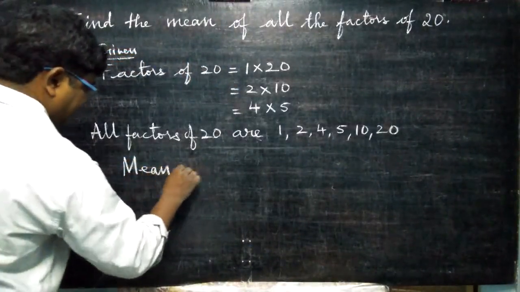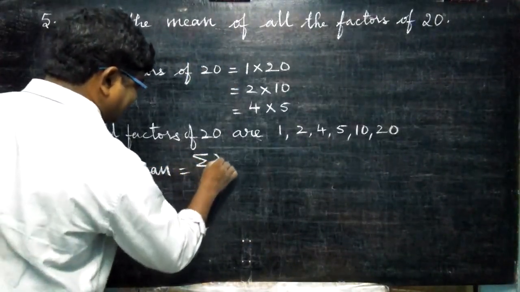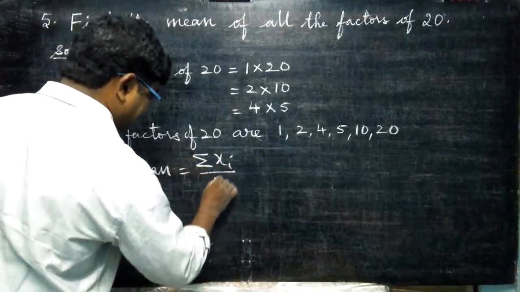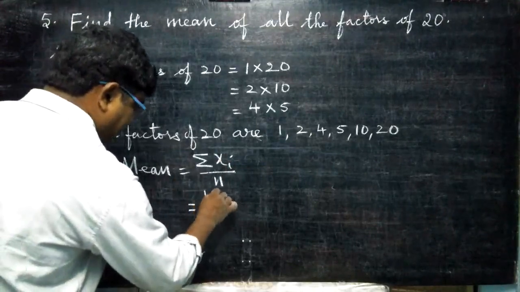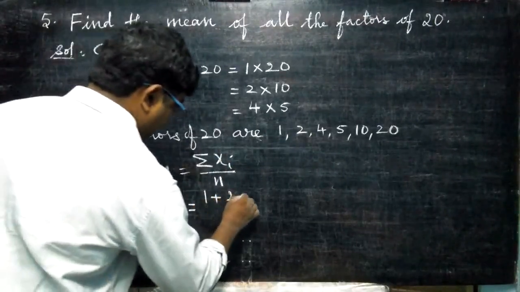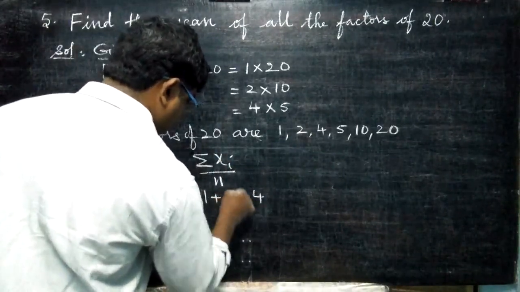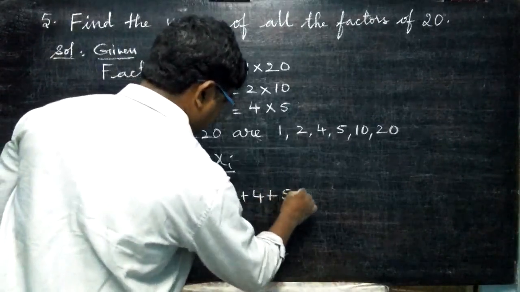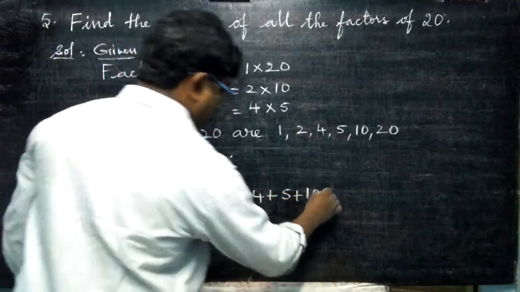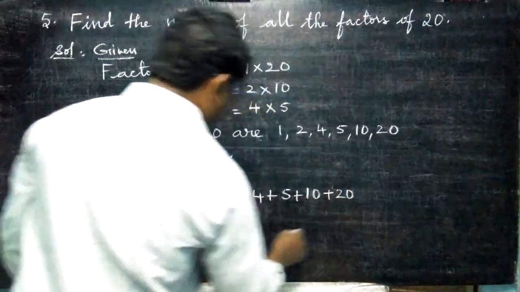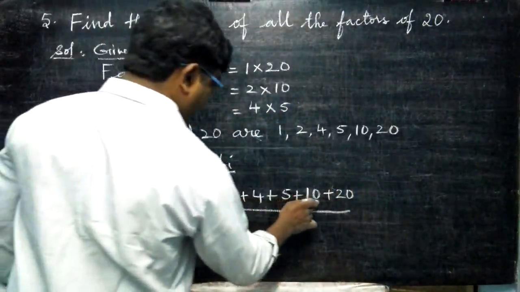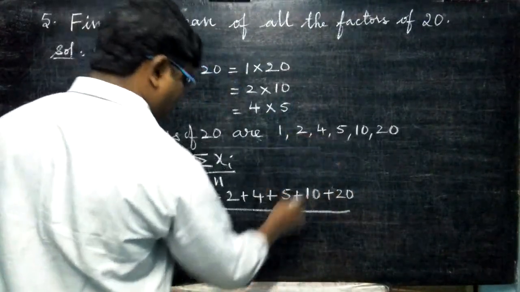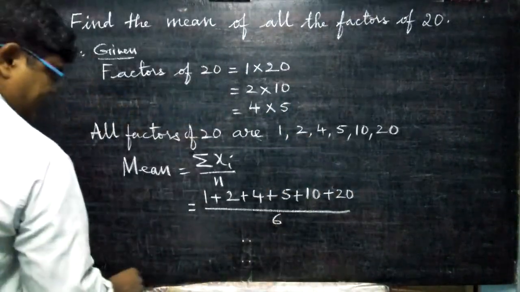Mean is equal to sigma xi by n. What is sigma? Sum of observations. 1 plus 2 plus 4 plus 5 plus 10 plus 20 by how many we got? Count: 1, 2, 3, 4, 5, 6. 6 we got. So divided by 6.